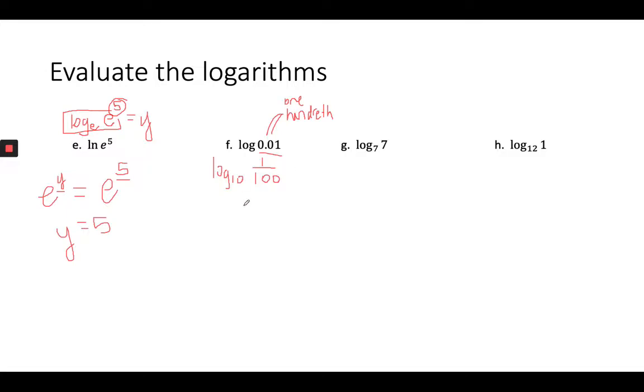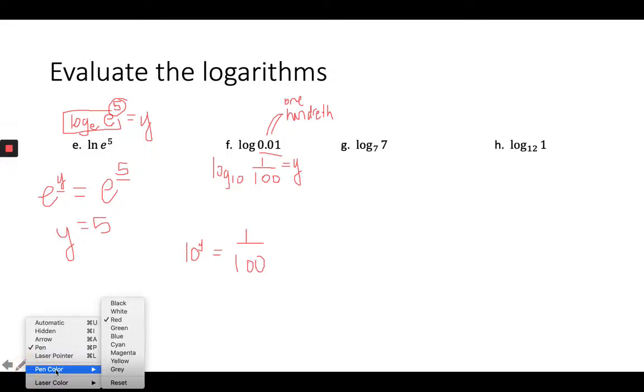So this is what we're evaluating. Again, if we want to do it in exponential equation form, it would be 10 to what power is equal to 1 over 100. Or again, we're just trying to get this as a base 10. And what do I think about? If I have 10 and 100, hopefully you're thinking about squared.